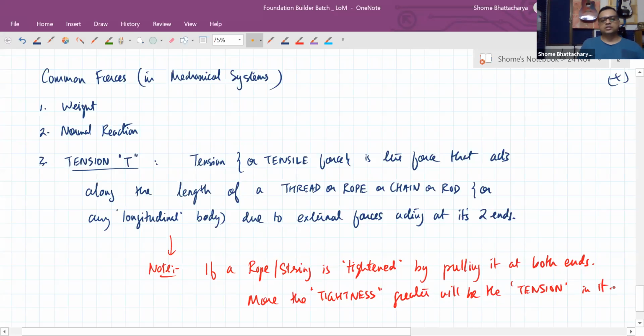Okay, so just note down this sort of explanation of tensile force, then we will understand it with some physical examples.